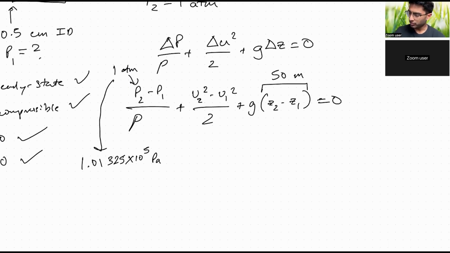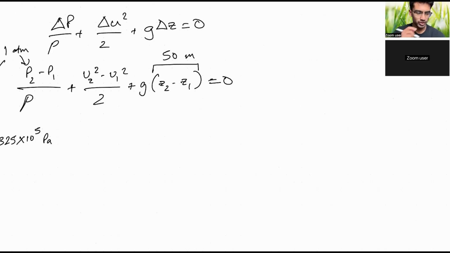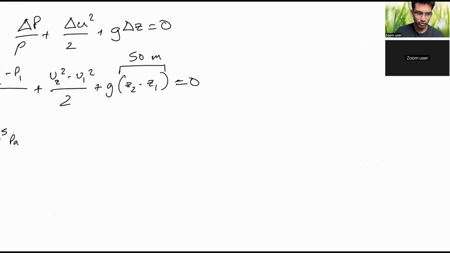And now we just need to find our velocities here, which we can easily do just by doing some simple unit conversions since we have a flow rate. So let's do U1. So we have 20 liters per minute. We know that there's 1 meter cubed for 1,000 liters.